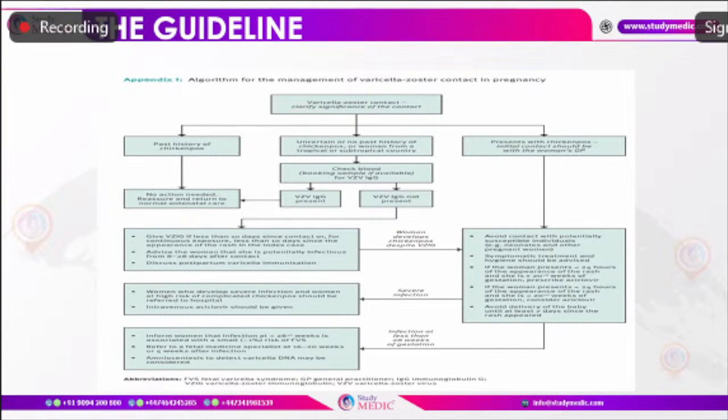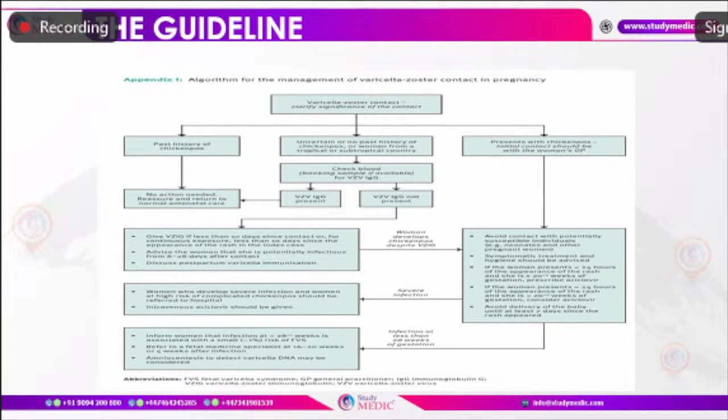Now, what if the woman, despite all this treatment, is going to develop the chickenpox? Then we have to avoid contact with potentially susceptible individuals, especially other pregnant women and newborns.